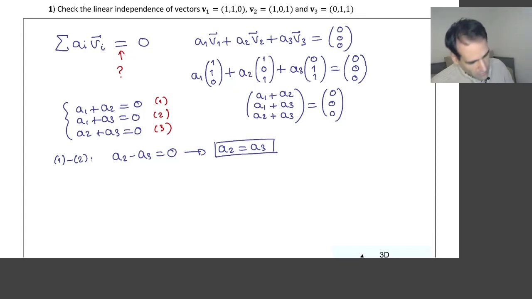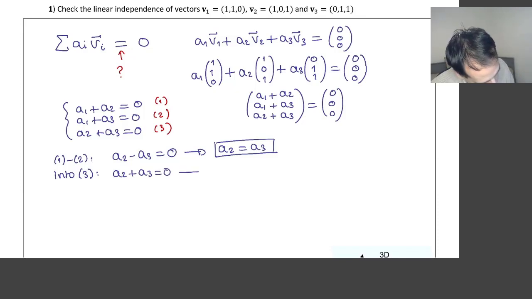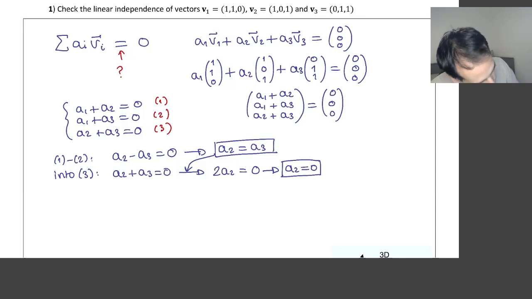Now if we substitute that result into the third equation, which says that a2 plus a3 equals 0, we get 2 a2 equals 0, which means that a2 equals 0. And using the condition we found above, a3 is also equal to 0.